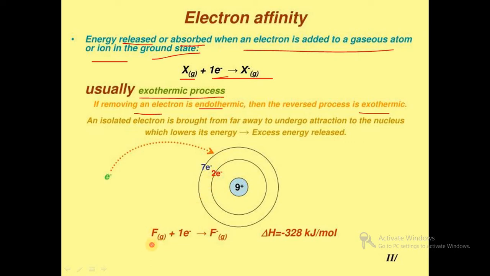For example, in the case of fluorine, when it accepts one electron we get the F minus ion, and during this process energy is released, represented by delta H equal to minus 328 kilojoules per mole.